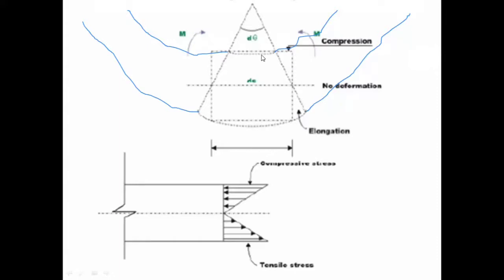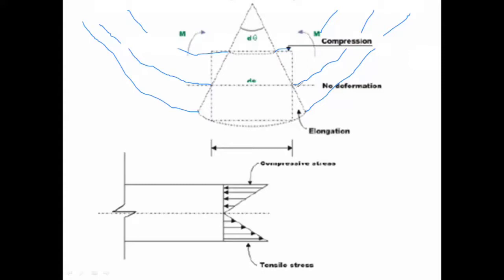And here if you see, there is no deformation. This is the neutral axis. The neutral axis is such that for this particular part which is selected, no deformation is taking place.